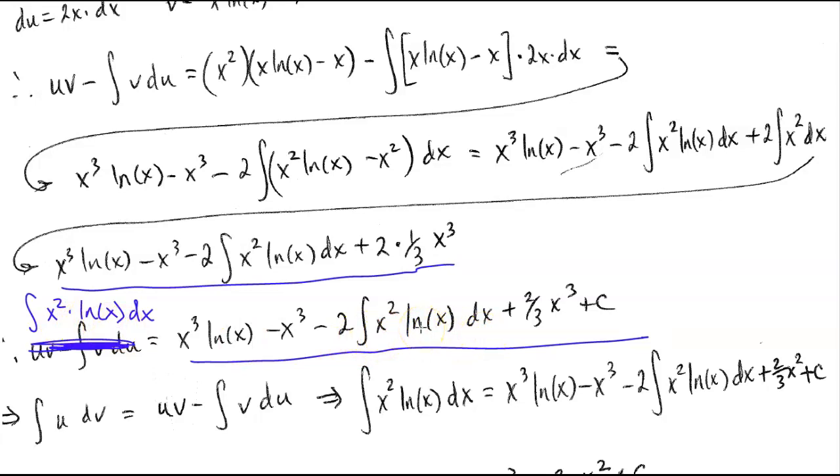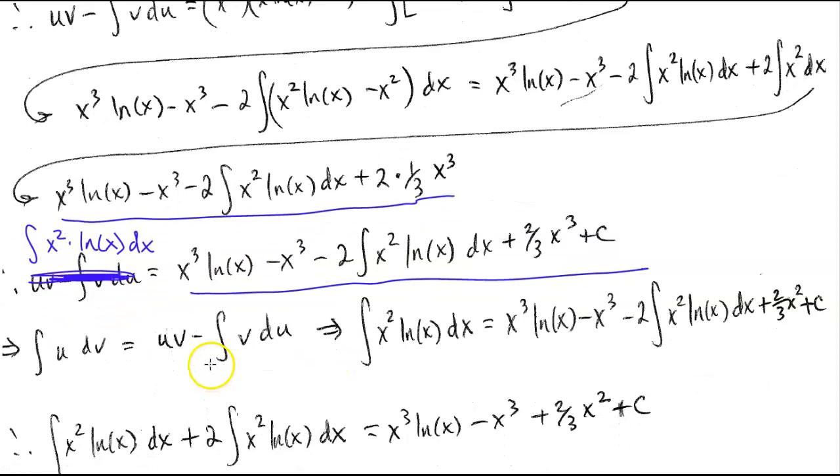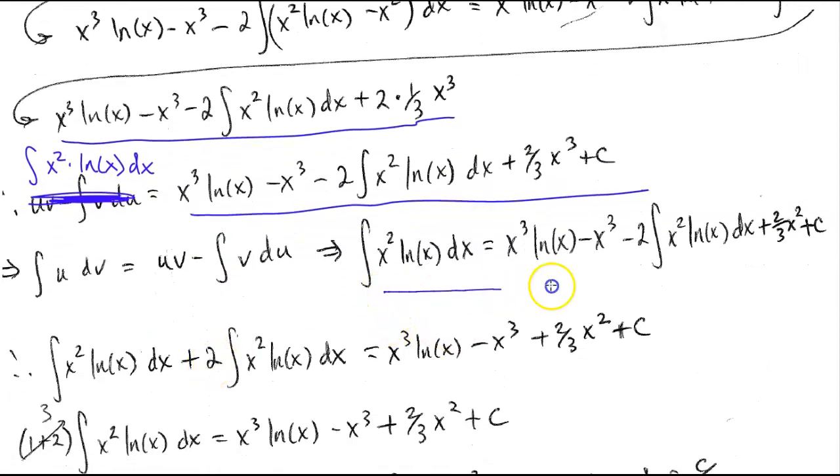So this is one of those situations where from our answer, we could rearrange terms so that we can actually solve for the integral of x squared times natural log of x dx, and whatever else is left on the right-hand side once we're done, and we get that by itself is what the answer would be, okay? So that's why we have the situation here.